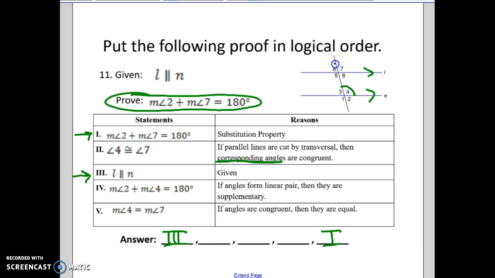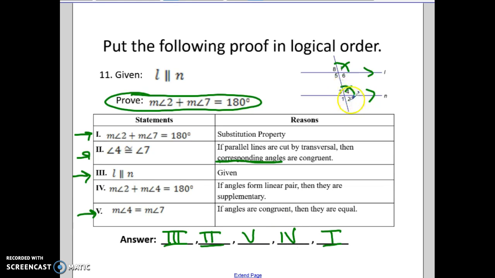I know that they are corresponding angles. So I'm going to start with that step next. So that would be step 2. Well, remember when I say they're congruent, then I can say that their measures are equal. So that would be step 5. And then my last step would be that angle 2 plus angle 4 are a linear pair, so they're supplementary. So that would be 4, step 4.